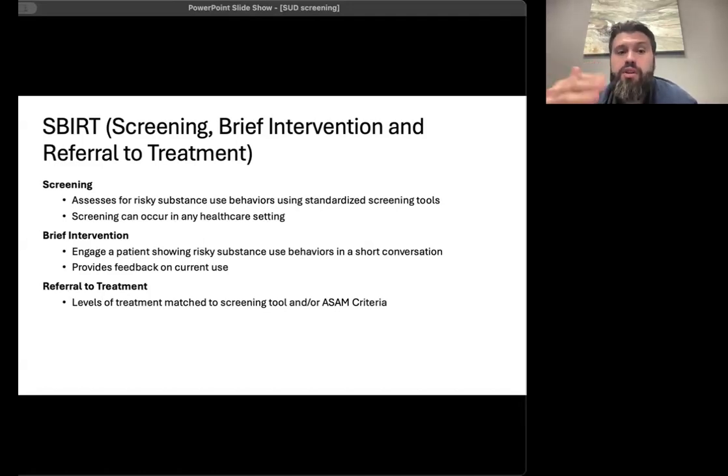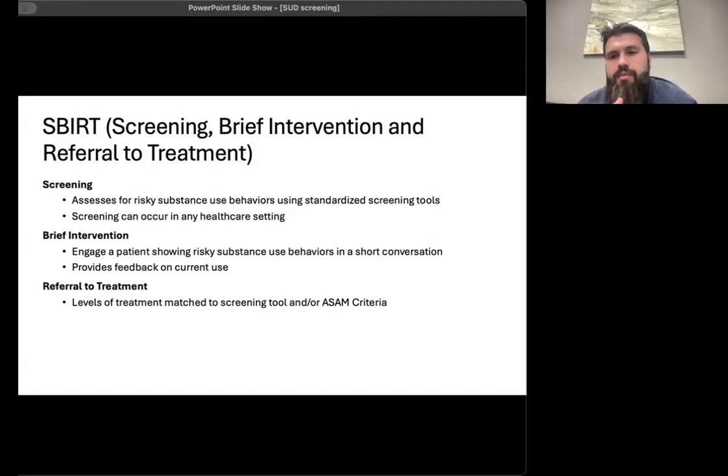But that would be the first one, using a validated or standardized screening instrument to screen for substance misuse or use disorders. And then again, that can occur in any healthcare setting. And then based on what that level of risk is, you can intervene and refer to treatment. So the intervention, again, could be like having a conversation with them about their substance use or misuse and providing feedback specific to them on their use patterns.